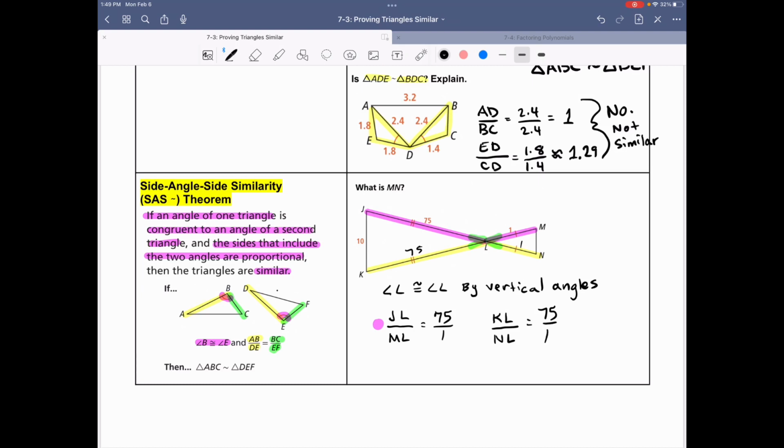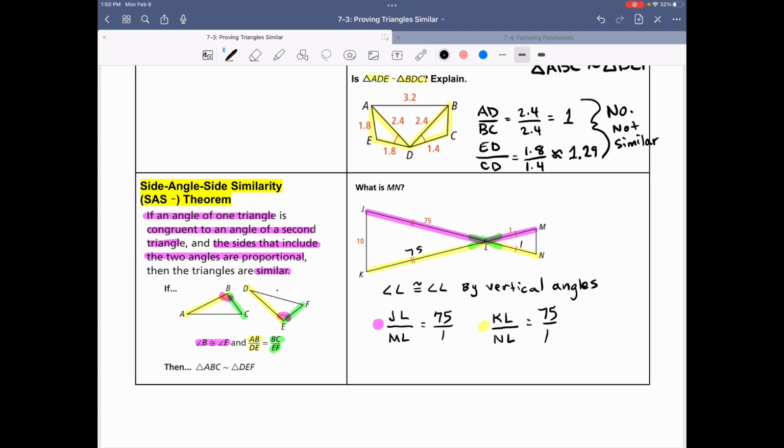So those both equal 75 when you divide them. Therefore, we know that the two triangles are similar.